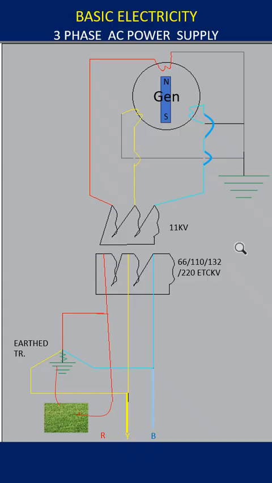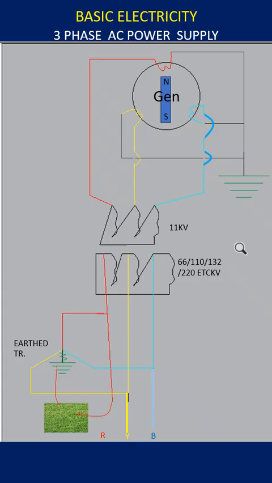Now this generation voltage is generally 11 kV, and from there we are stepping it up. It may be 33 kV, or somewhat higher voltages. Then it is given to the transmission system.